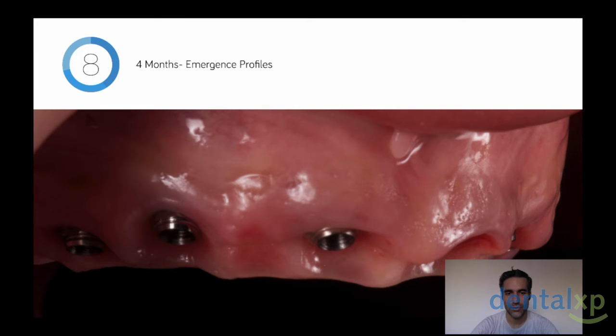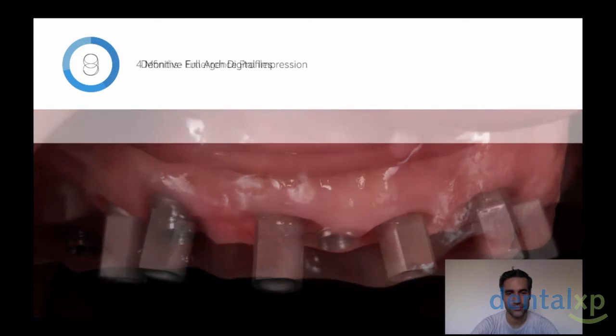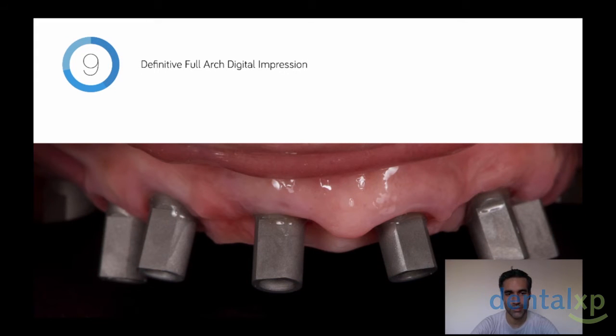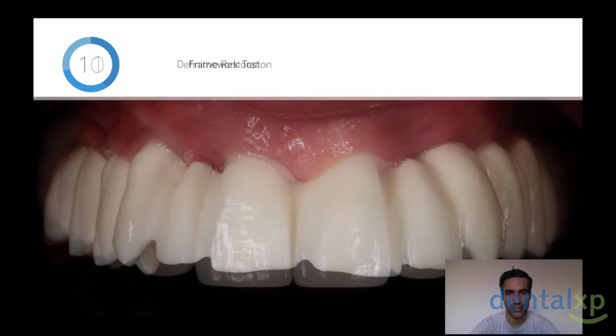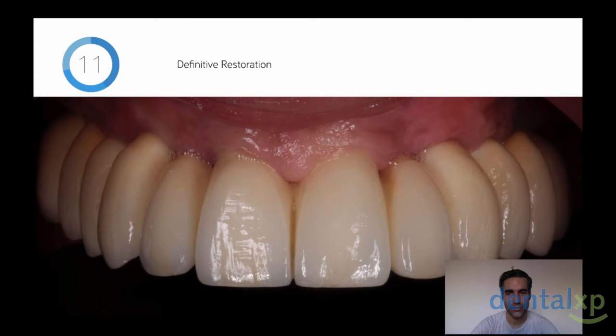If you use a provisional manufactured with CAD/CAM, the healing of the soft tissues is really great. Then again we perform another digital impression with the scan bodies, and here we have the zirconia framework test where it fits perfectly, and then the work is finished.